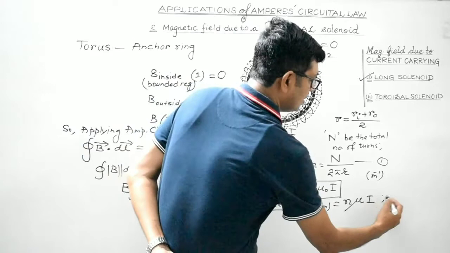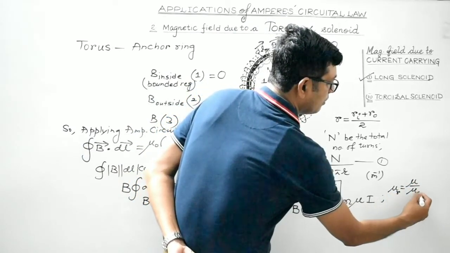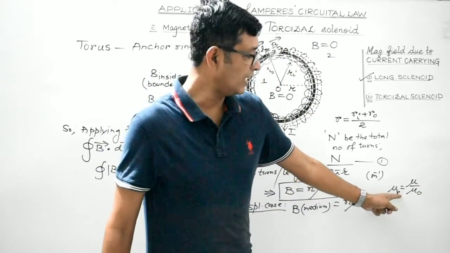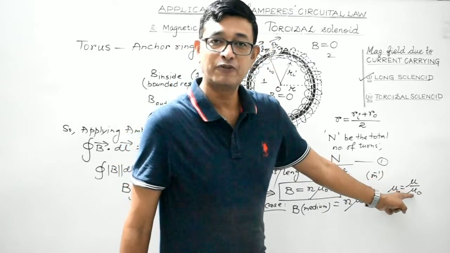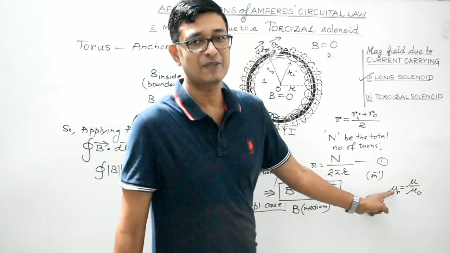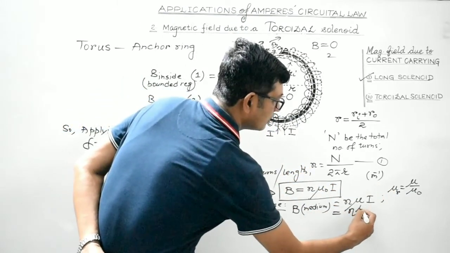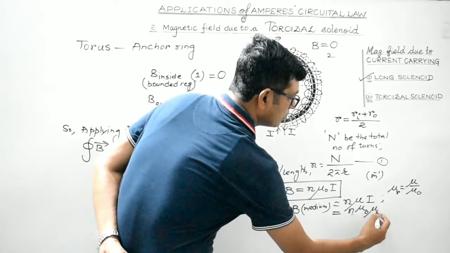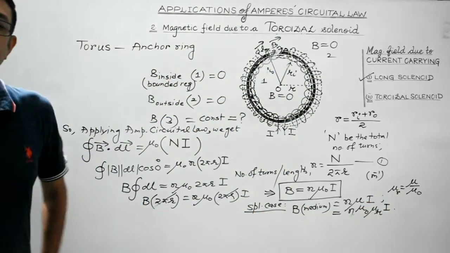And as I have stated, mu r is mu divided by mu naught. This is relative permeability, which is defined as the ratio of the magnetic permeability of the medium to the absolute permeability of free space. So this expression can be written in terms of relative magnetic permeability as well. So what we get is n mu naught mu r I, where mu r is the relative permeability. So this is the expression, students.